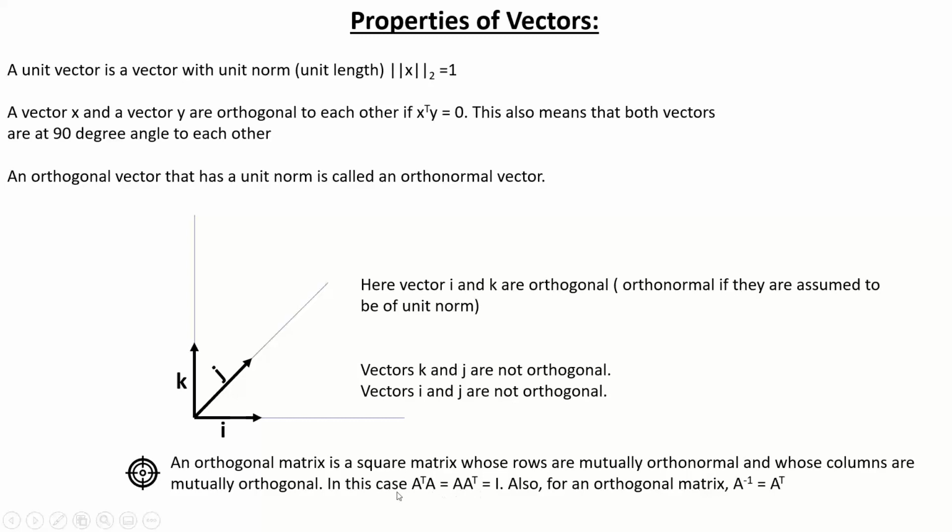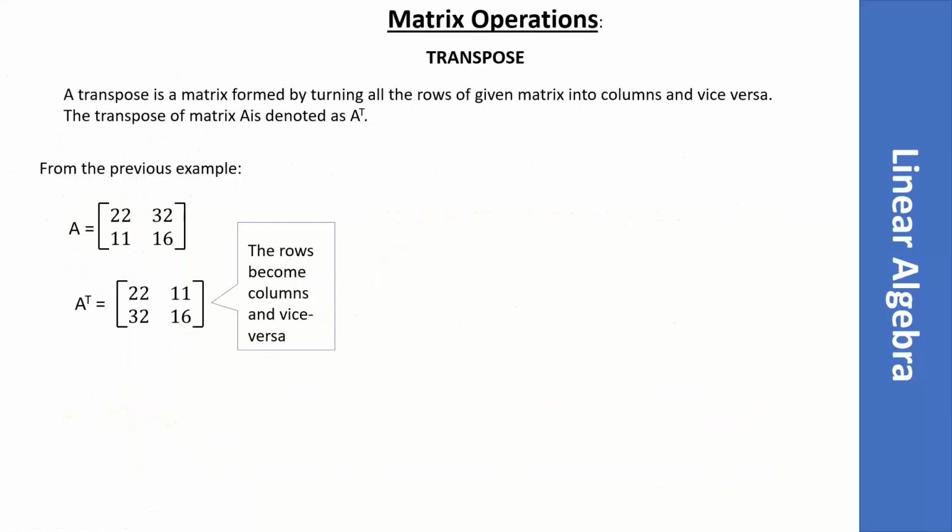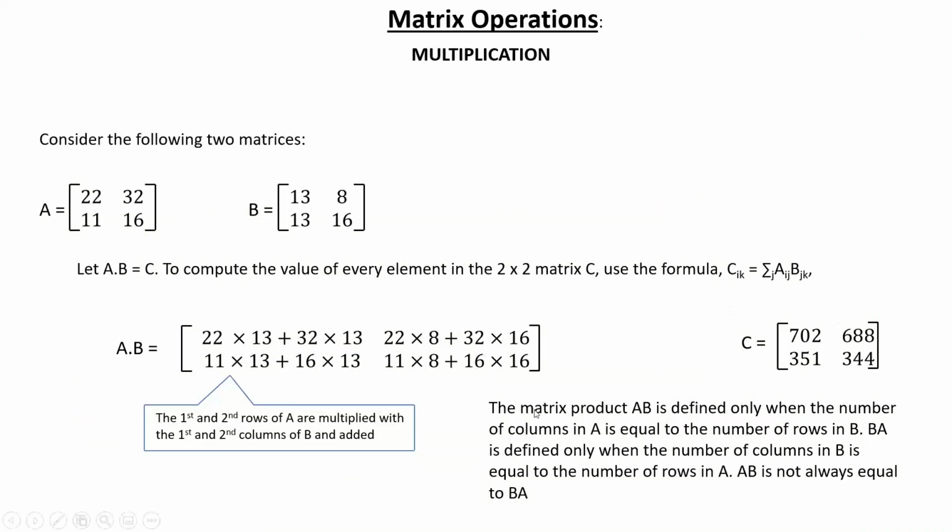So in this case, A transpose A equals A A transpose. So here multiplication doesn't change. If you just go back, I have mentioned that in multiplication, A into B is not the same as B into A. Take a note about this. I am talking about matrices.